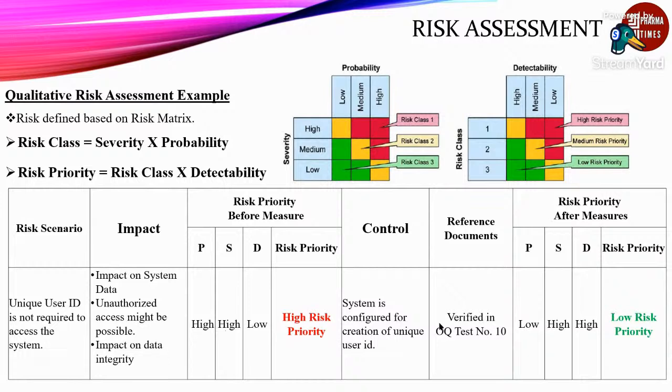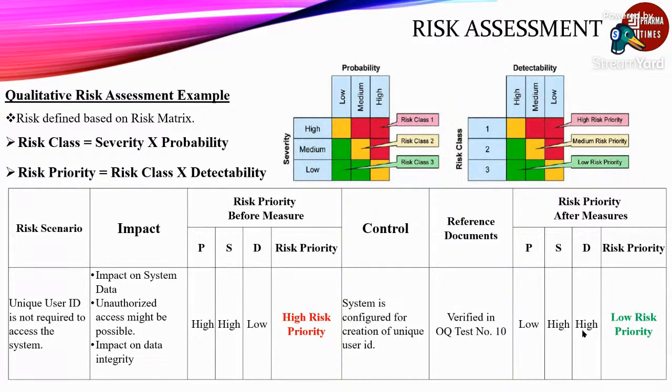Severity is as it is. If I defined severity as high before the measure, it is high after the measure. Or we can say that if this type of risk happens, the impact on the system or the process is the same whether before or after. So only probability and detectability will change. Severity is as it is.